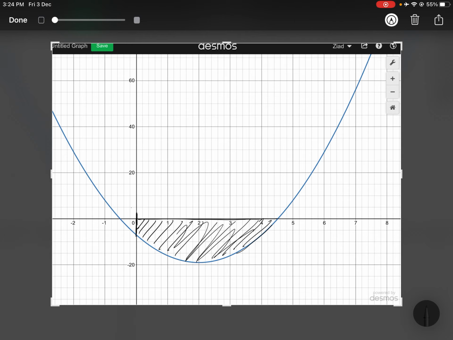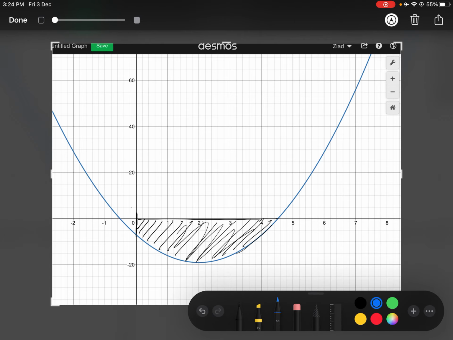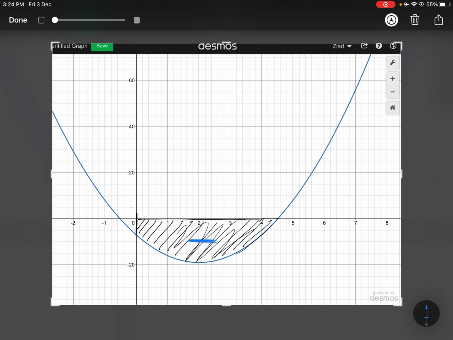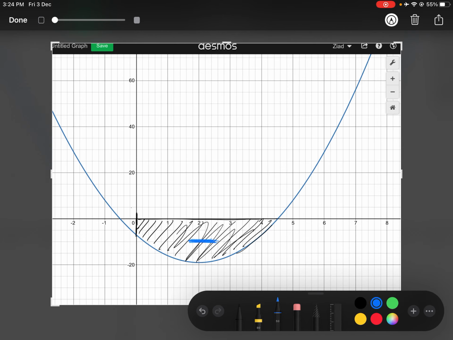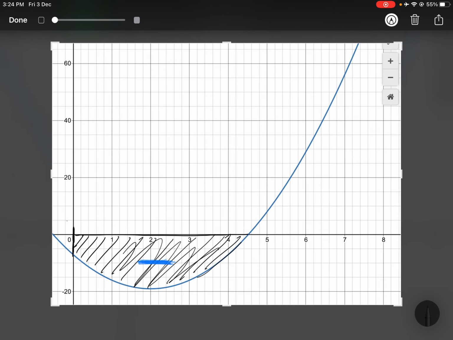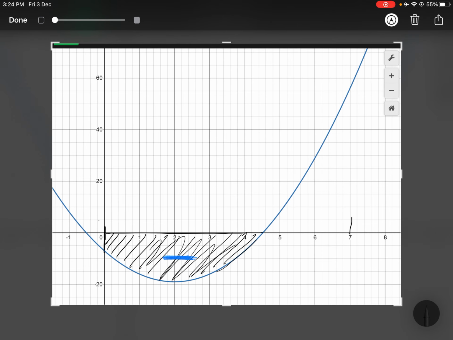Of course, this area you'll give a negative. And now go from 5 to 7. From 5 to 7 you have this area here that you'll give a positive.